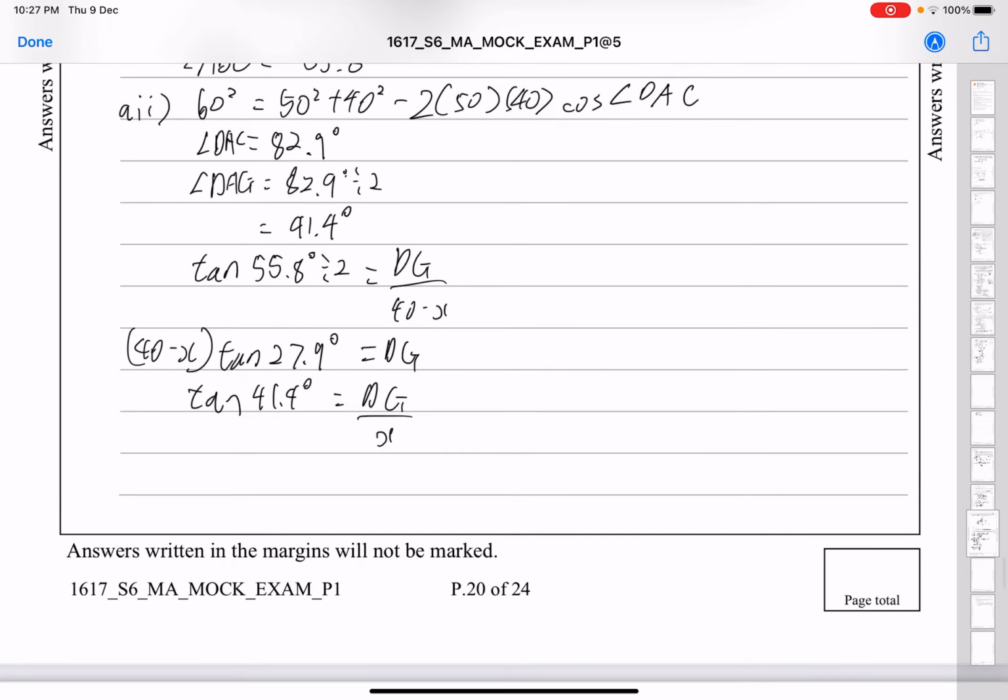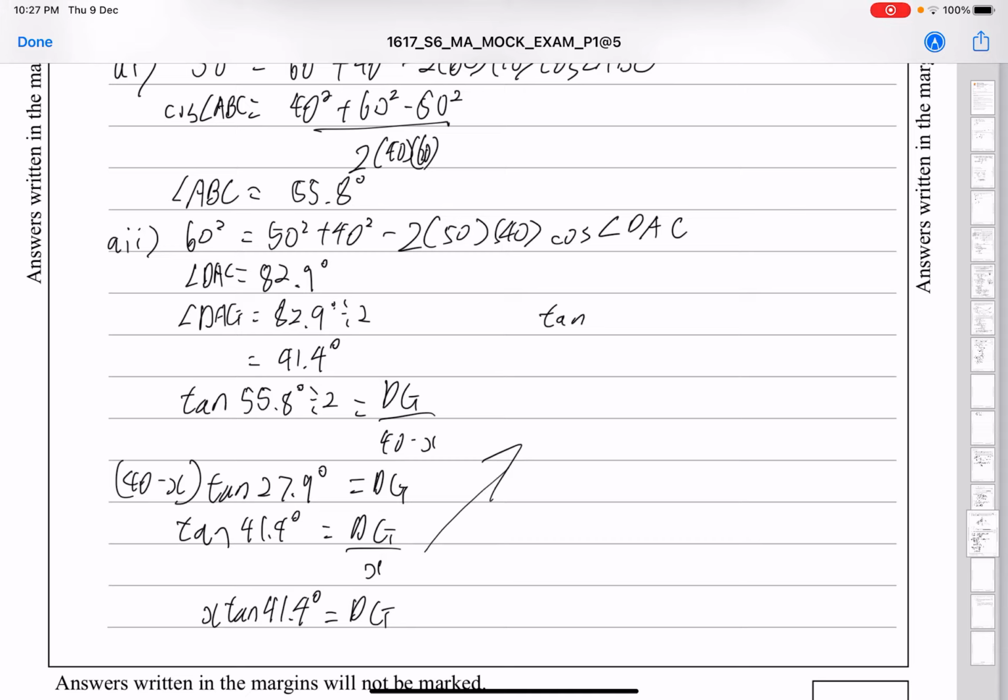So, x times tangent 41.4, it's equals DG. Hence, we can deduce that tangent 27.9 degree times 40 minus x, it's equals to x tangent 41.4.